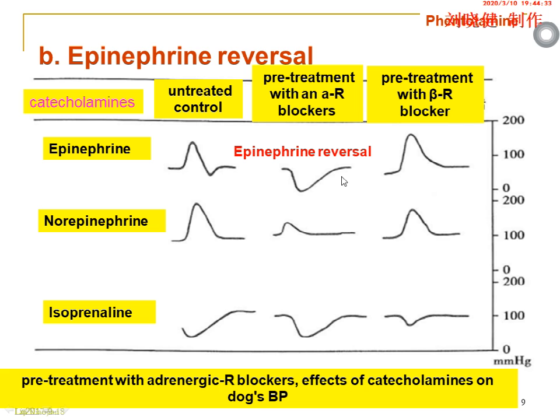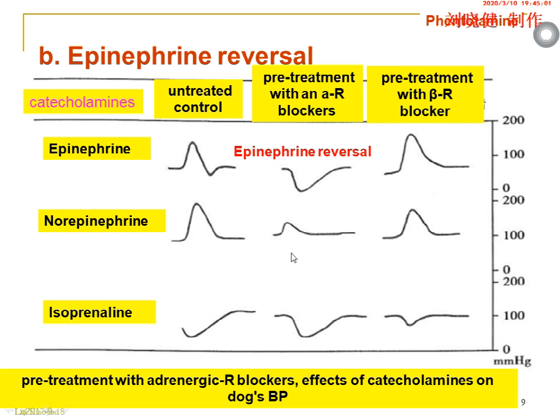Understand? But at that condition, when a patient has hypotension caused by some alpha receptor blockers, you can choose norepinephrine to treat. Because when we use norepinephrine alone, the blood pressure alteration is just an increase. Just one phase, only increase, no others.